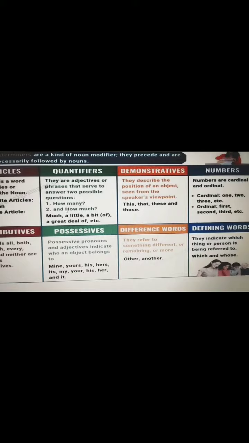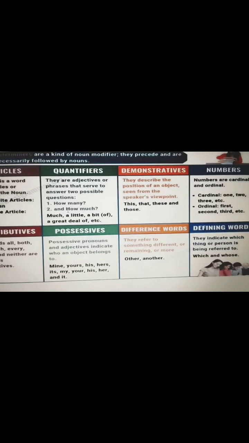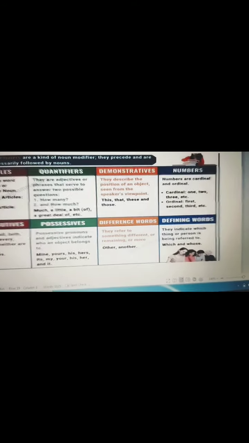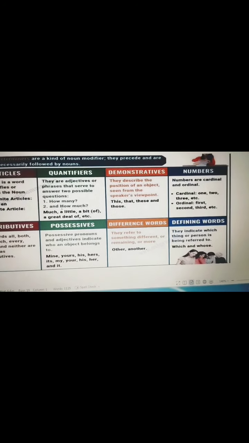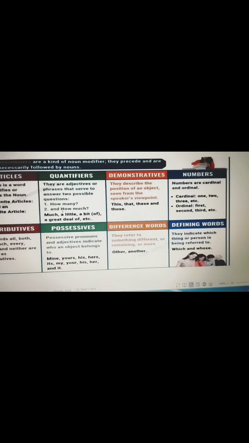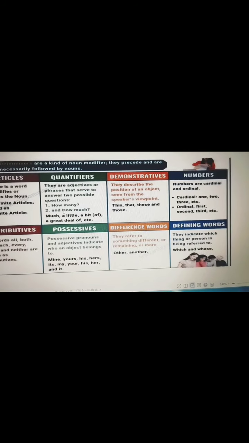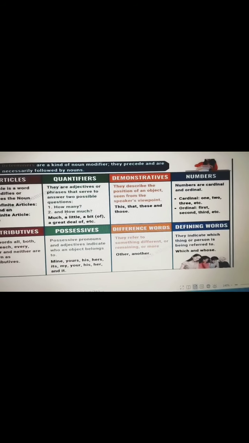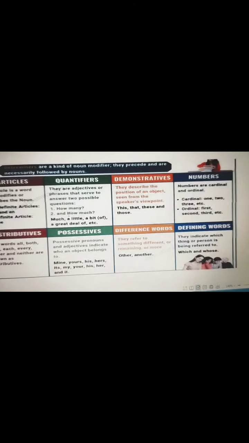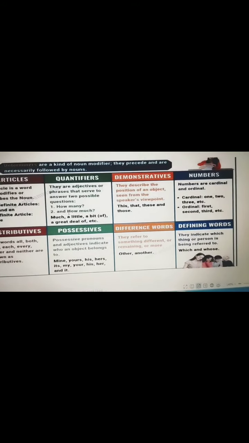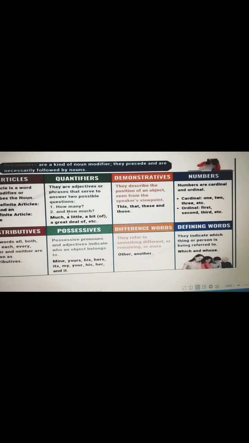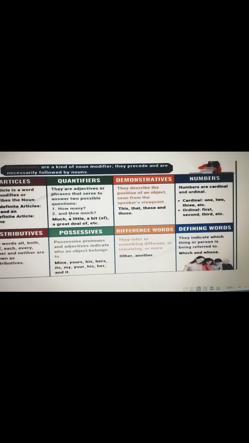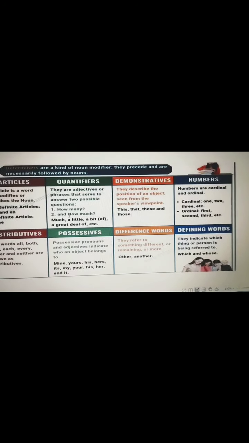The different words under that are this, that, these and those. Another one, number determiners, can be of two types, cardinal and ordinal. Everybody is very clear about the difference now. Cardinal is when you are talking about 1, 2, 3, and ordinal when you are writing first, second, third.